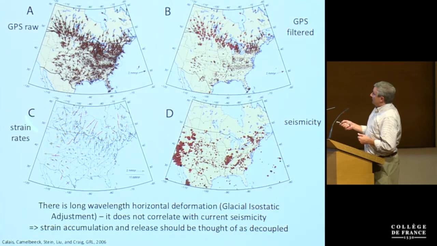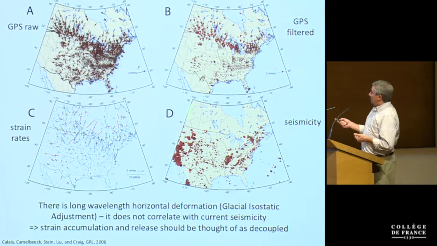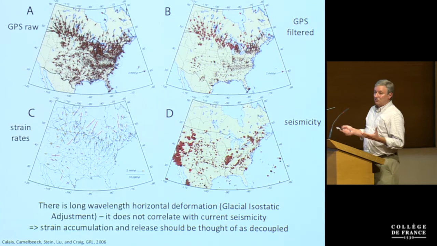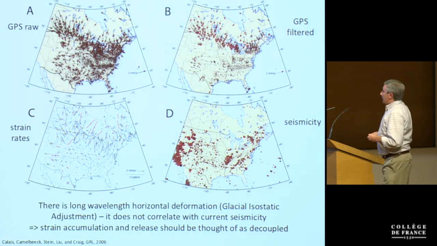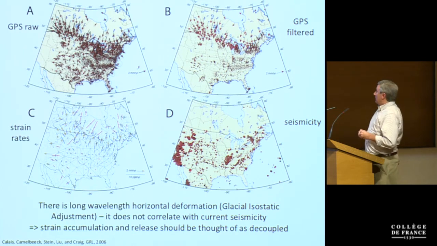But the point here is that the area that's deforming at the fastest rate today is not the area where the largest number of earthquakes are occurring today. It's actually the opposite. So high strain rates, low seismicity, and relatively high seismicity with very low strain rates. So there is intraplate deformation. GIA is one manifestation of that.